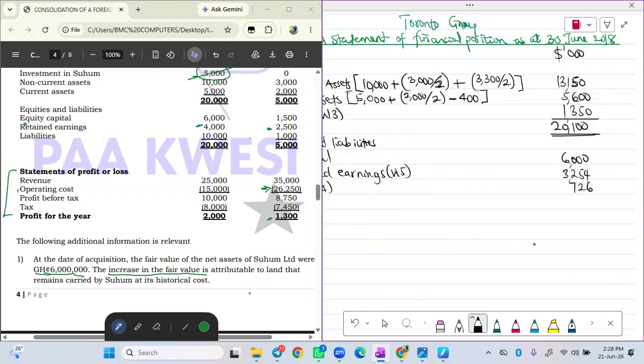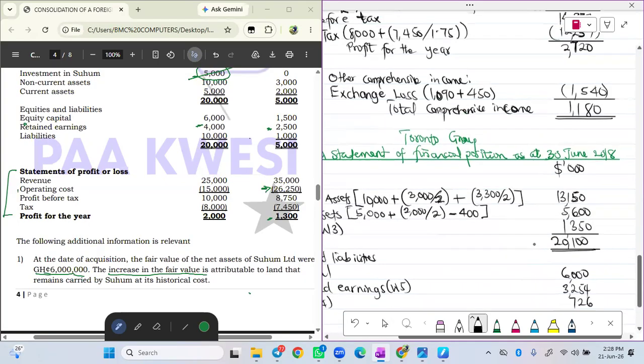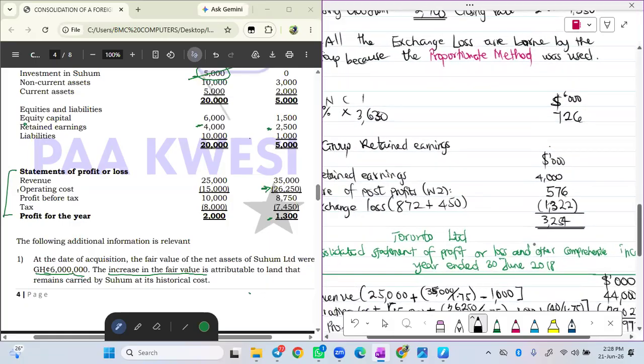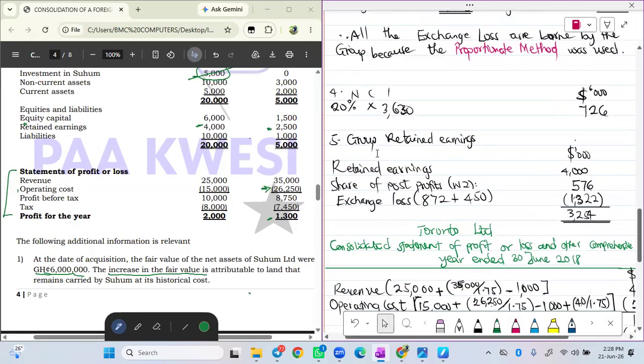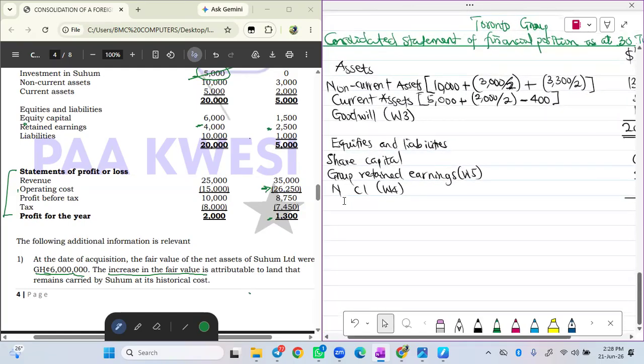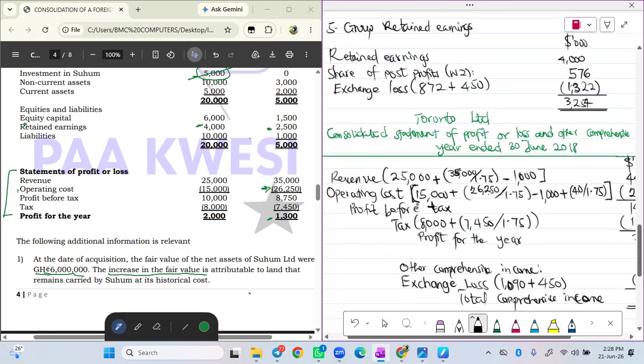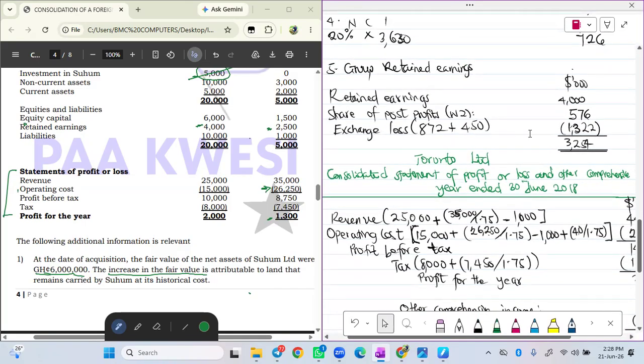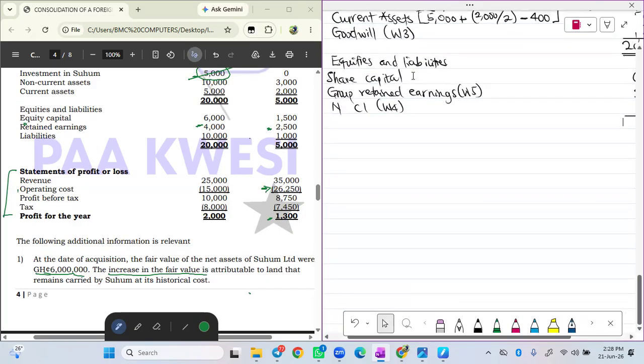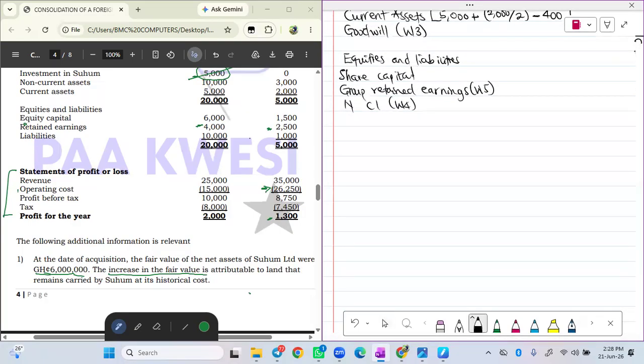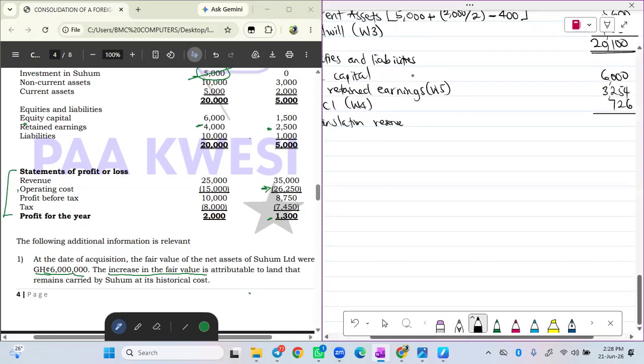So I said that the exchange loss, you can either treat it in working 5 or treat it as a separate line item called translation reserve. If not for what we did in working 5, where we deducted the total exchange loss, you would have written translation reserve. But we treated it in working 5.